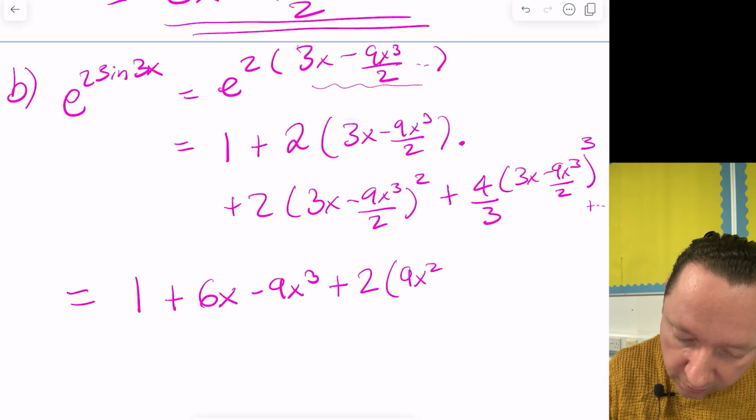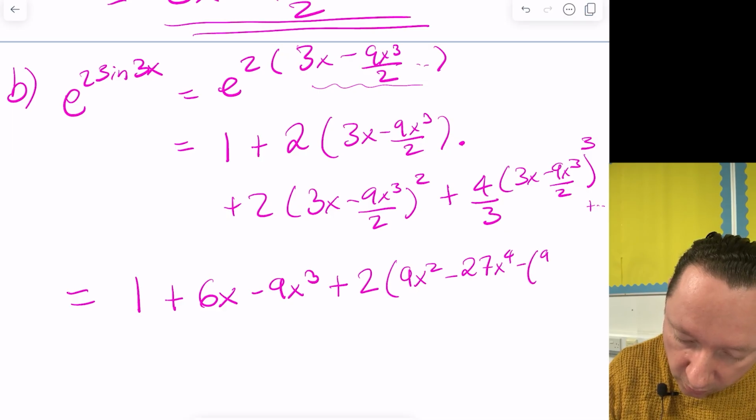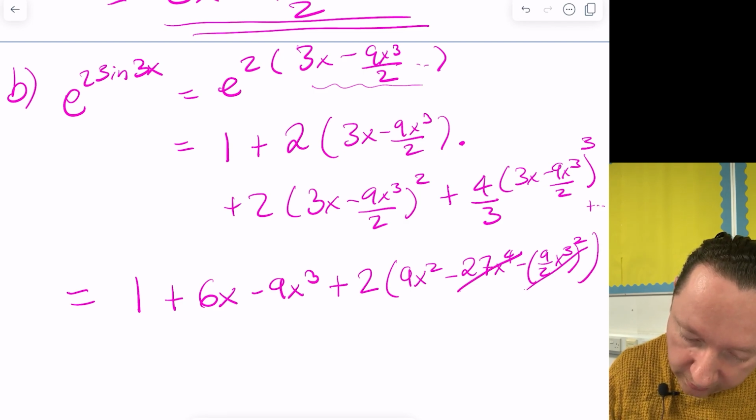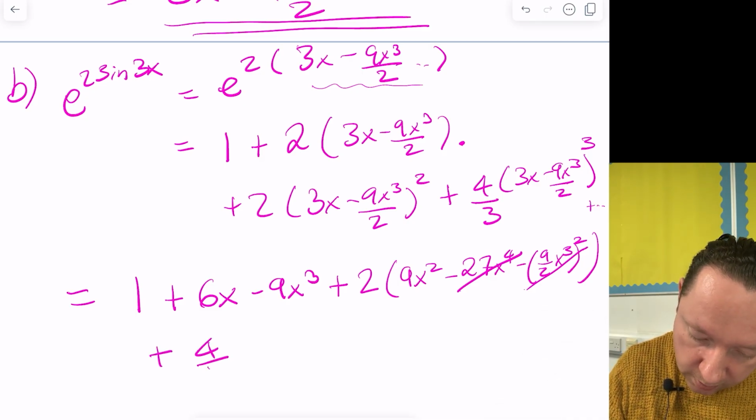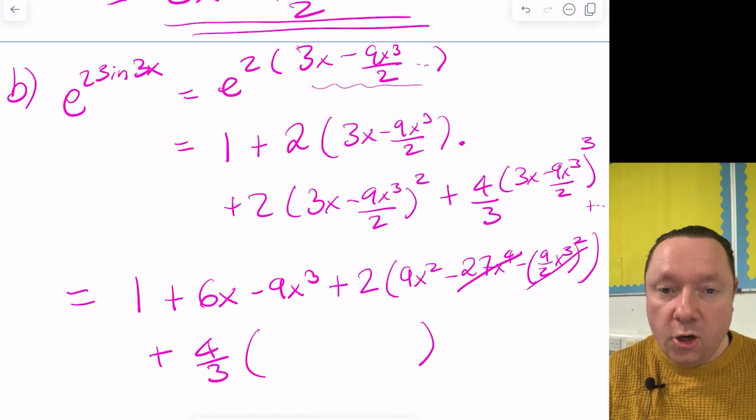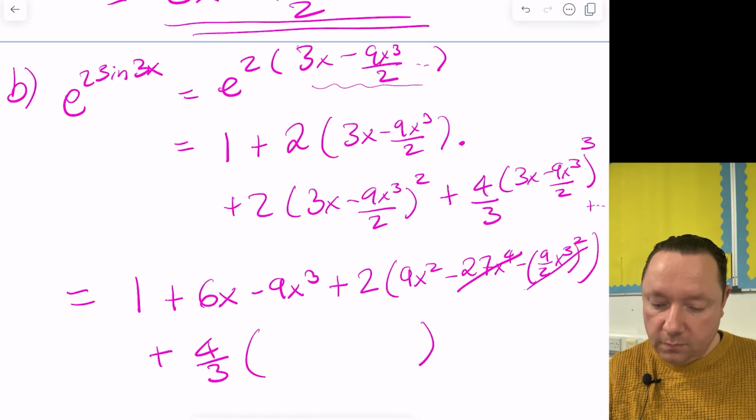Multiplying these together, 3 times 9 is 27, over 2 times 2, so minus 27 x to the 4, which you can just ignore, and then minus 9 over 2 x cubed squared, which you can also ignore. Then plus 4 thirds, and you're cubing everything.